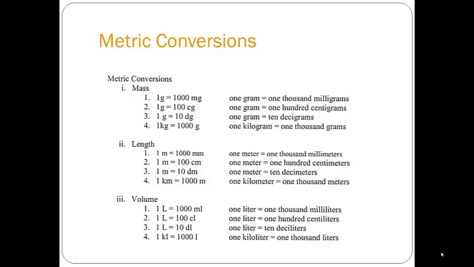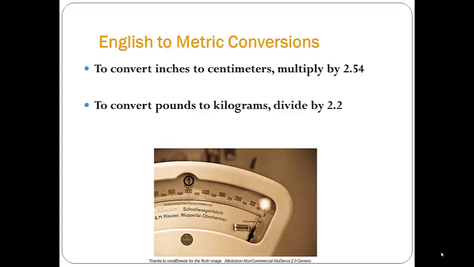These are some basic conversions within the metric system. You'll want to make sure that you're able to convert within the metric system. And there are a couple of conversions you'll need to be able to do from the English to the metric system. They are the conversion of inches to centimeters and the conversion of pounds to kilograms. It's highly unlikely that your patient is going to give you their weight in kilograms.